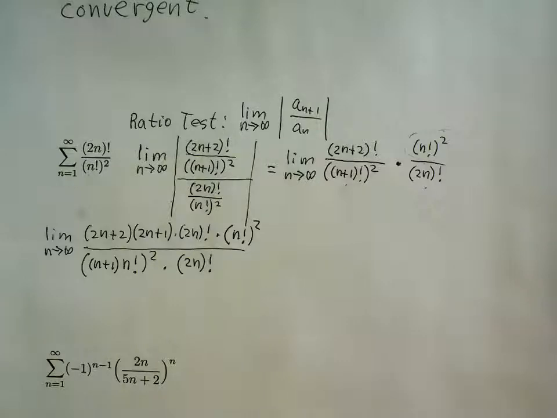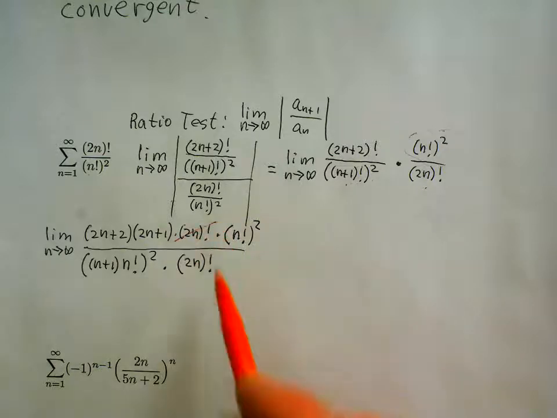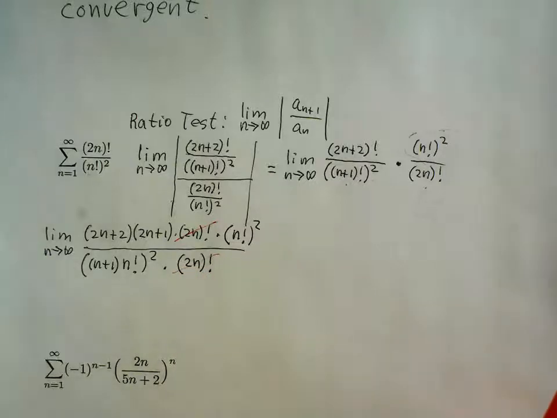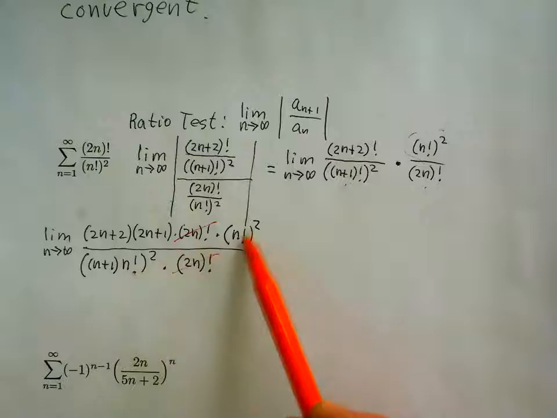Okay, so we start to see when using the ratio test, we generally expect cancellations to occur. We can see one right away. The 2n factorial from the numerator cancels with this 2n factorial from the denominator. There's another cancellation emerging here because we have n factorial squared in this one.